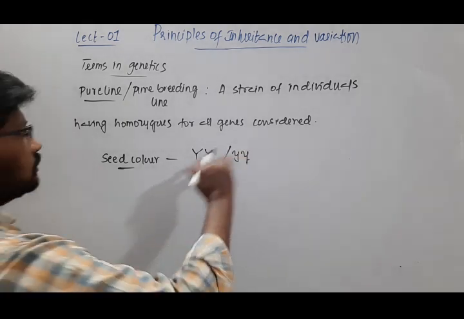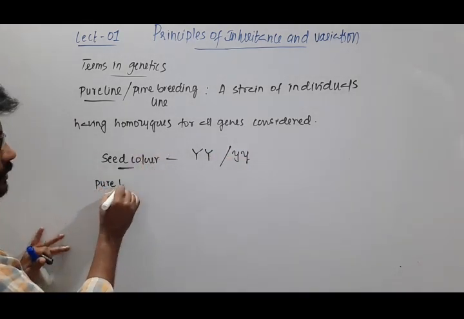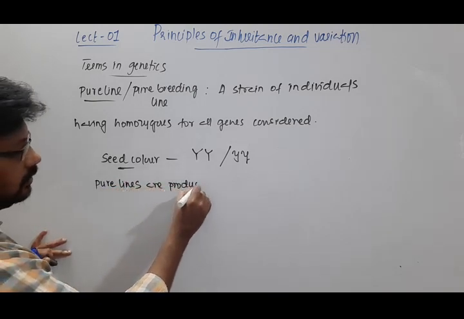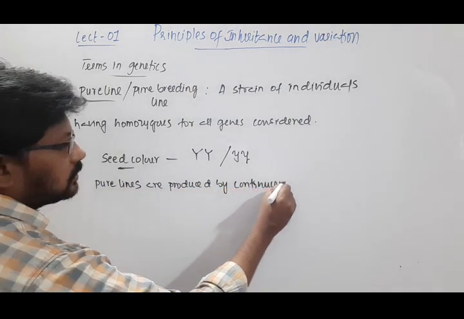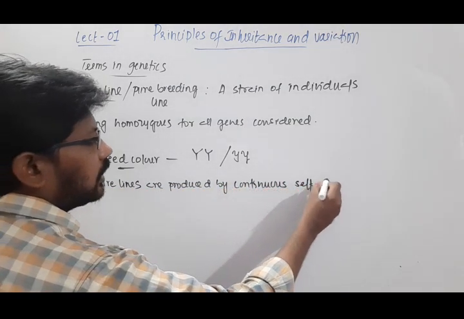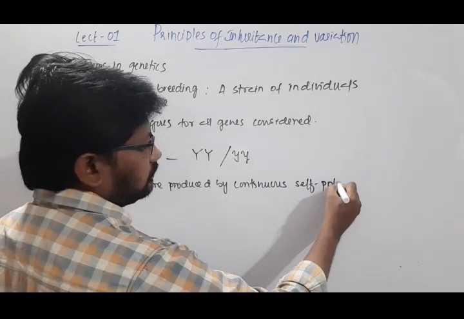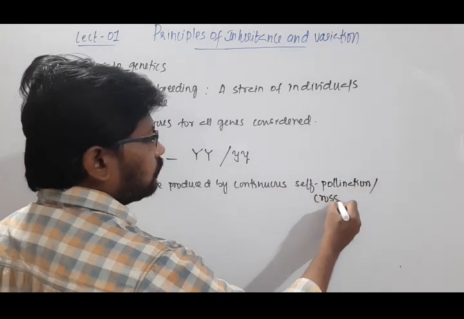And these pure lines are produced by continuous self pollination or self crossing.